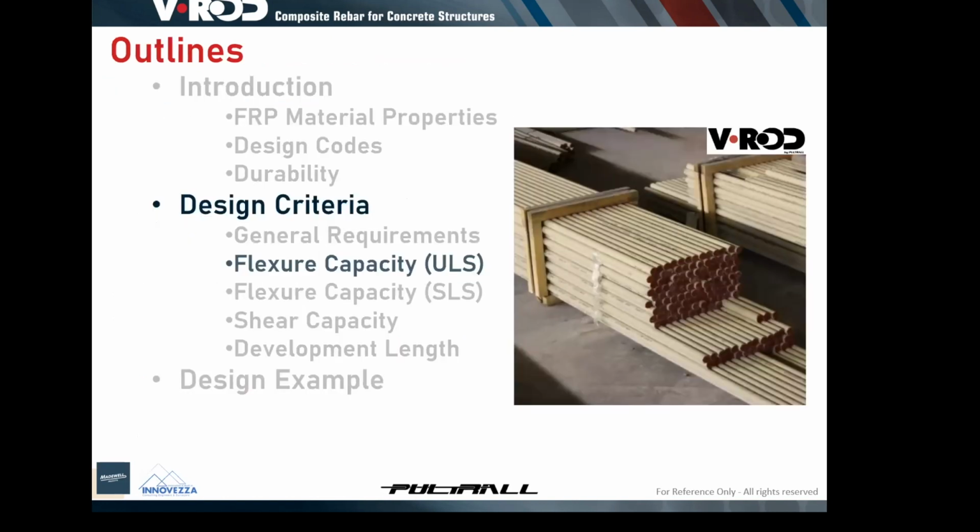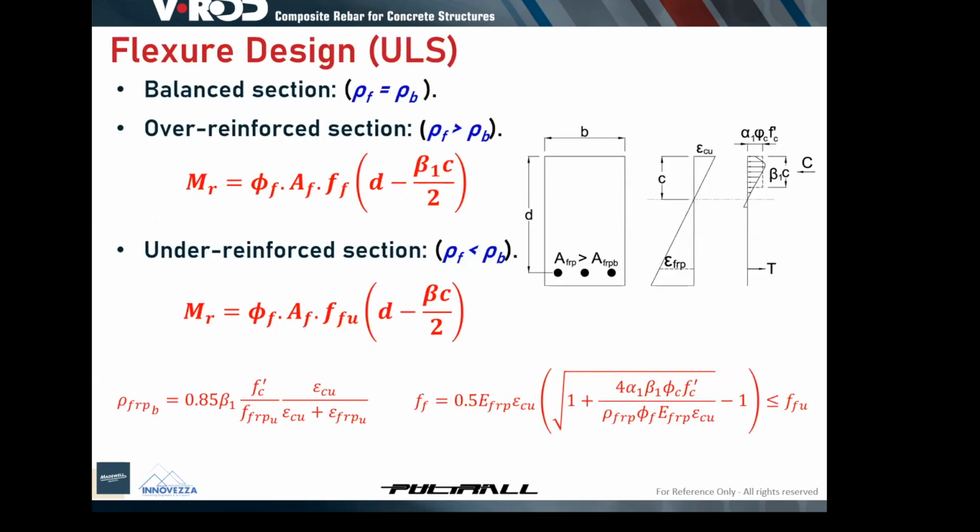Let's talk about the flexural capacity at the ultimate limit state. At the ultimate limit state, we have the same types of sections as for steel reinforcement. We have the balanced section when the actual reinforcement ratio is equal to the balanced reinforcement ratio. When it's more, the section is an over-reinforced section. And when it's less, the section is an under-reinforced section.